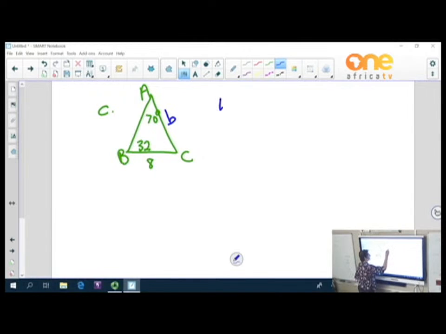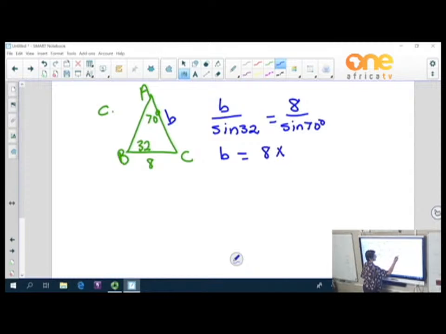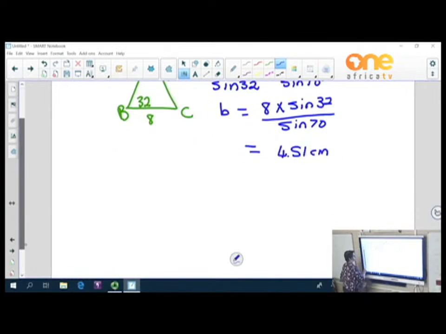So that will then be over sine B, sine 32 degrees, is equal to 8 over sine 70 degrees. So I will multiply 8 times sine 32, divide by sine 70, and the answer is, I got 4.51 centimeters.